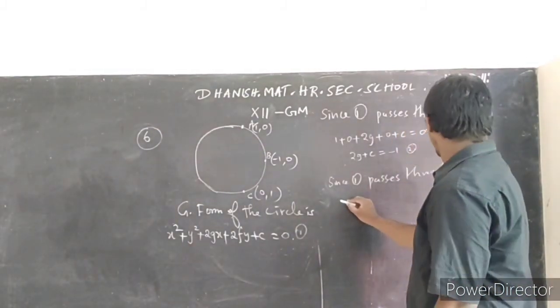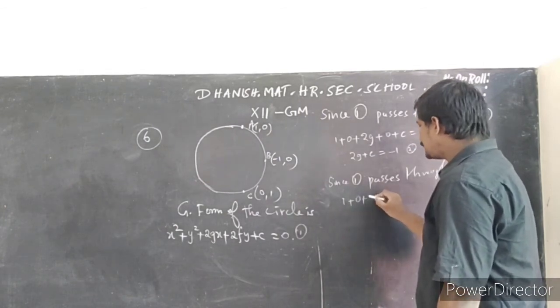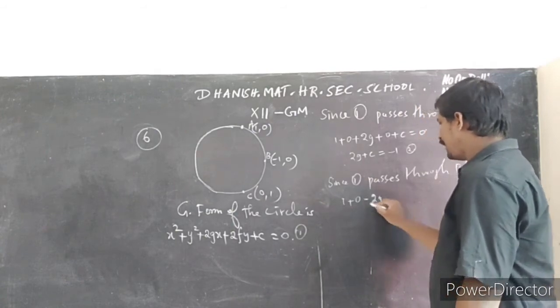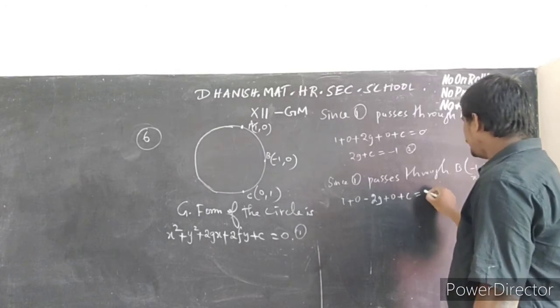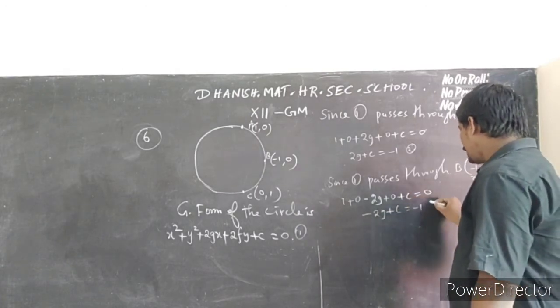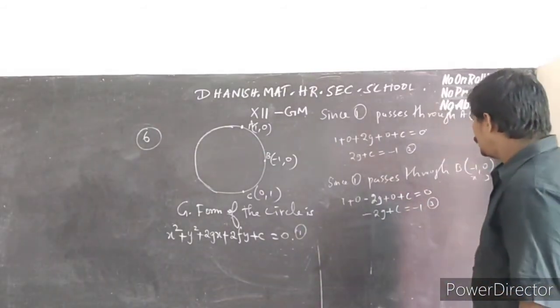So it will be 1 plus 0 minus 2g plus 0 plus c equal to 0. So minus 2g plus c equal to minus 1. It can be taken as equation number 3.